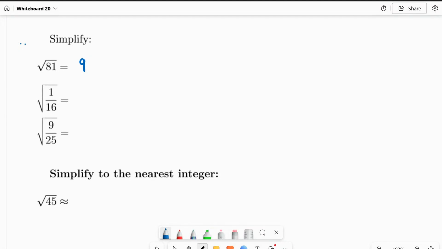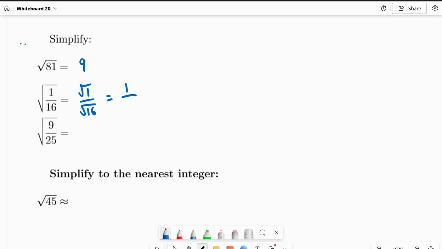Similarly, with fractions, you would square root the numerator and the denominator separately. So the square root of 1/16 is just the same as saying the square root of 1 over the square root of 16. Well, now ask yourself, what number squared gives you 1? That is just 1.